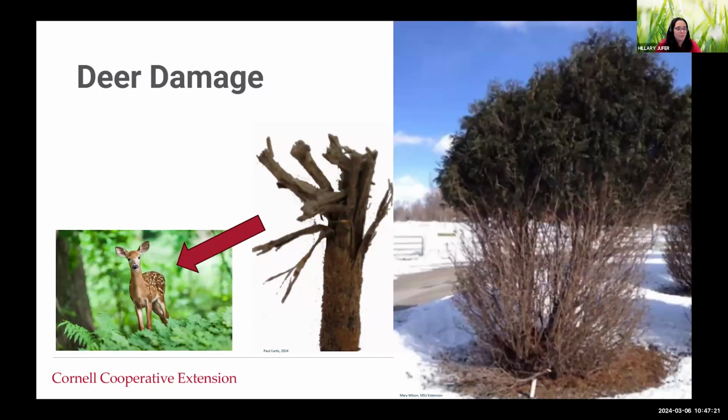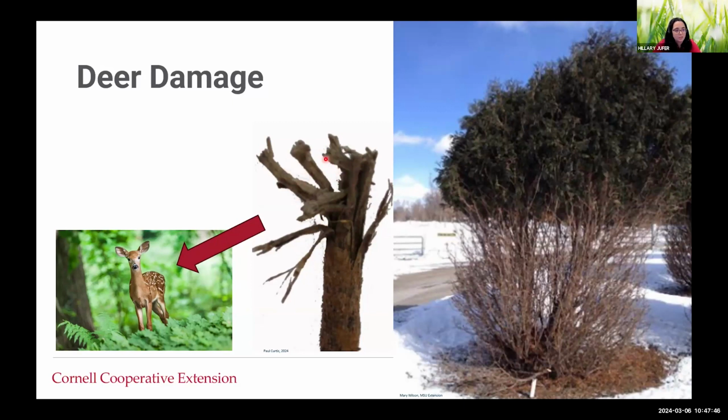Deer have a browse line of 6 feet. So if you see something that has the first 6 feet that doesn't look so good, and then a nice little lollipop, it can often be referred to as lollipopping. You're going to know in the back of your head that it might be deer. They have no upper canine teeth, so they chomp down and they twist and turn to rip.